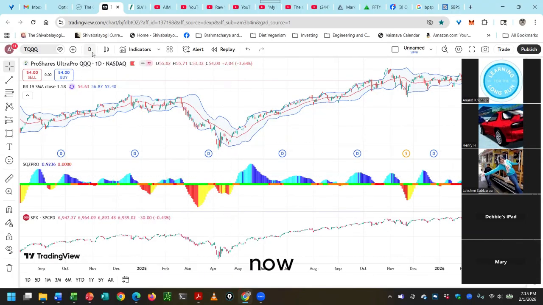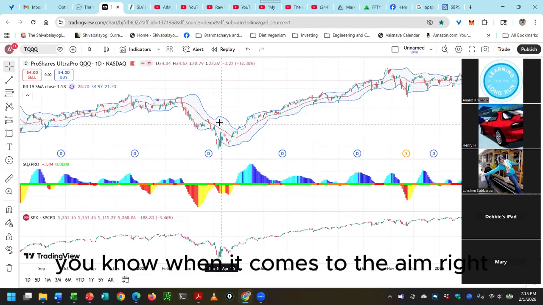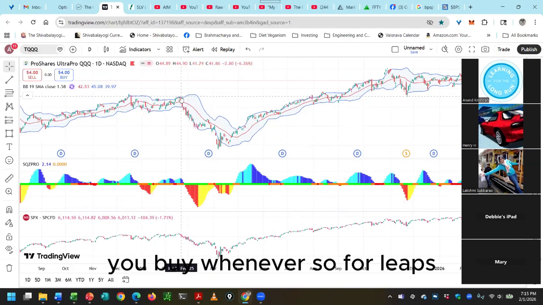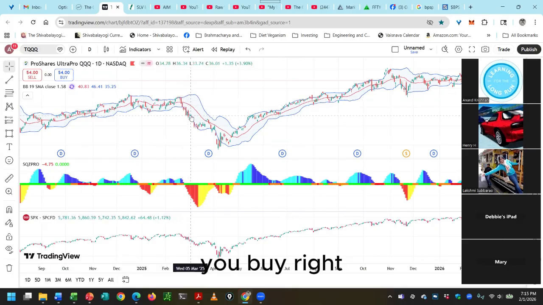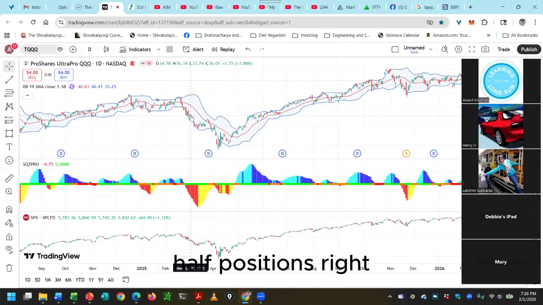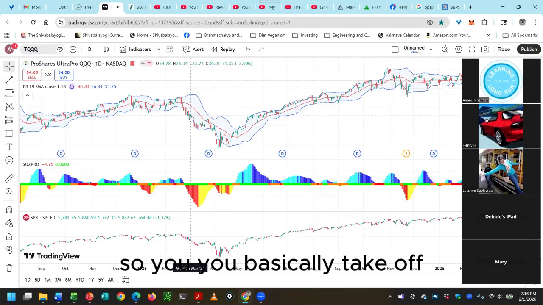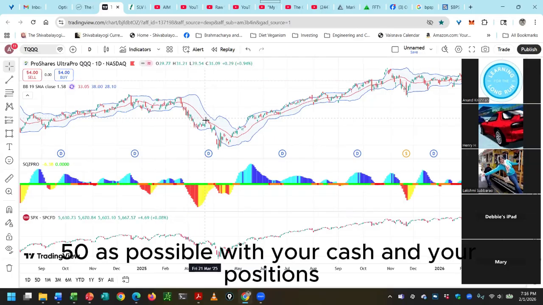Now, what I probably could have done with AIM is, for LEAPS, whenever it drops 30%, you buy. You have your half cash, half positions, so you basically try to get it as close to 50-50 as possible with your cash and your positions.